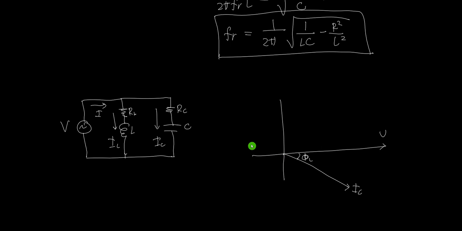And this time, our IC will not just be going upward because we have a resistor here. So it will be in this direction.